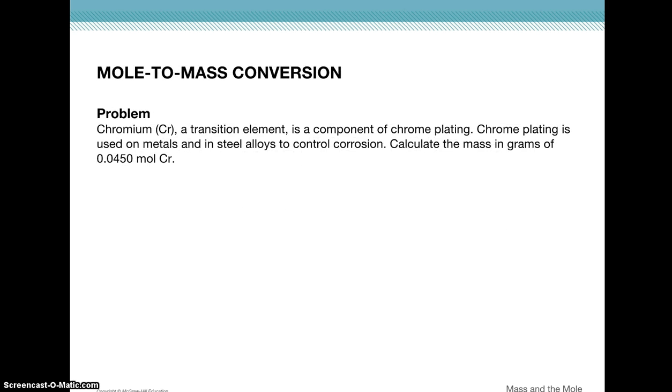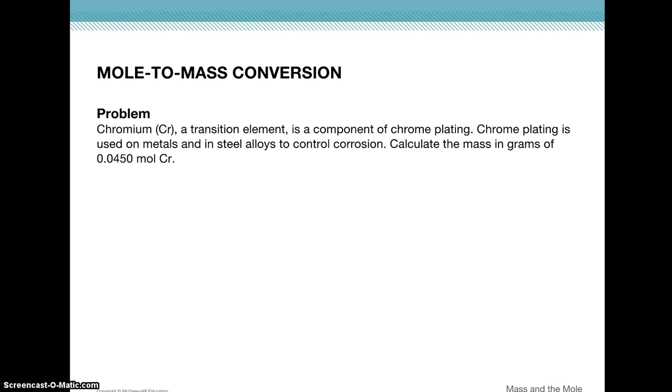Let's work an example together. Chromium, a transition element, is a component of chrome plating. Chrome plating is used on metals and in steel alloys to control corrosion. We want to calculate the mass in grams of 0.0450 moles of chromium.